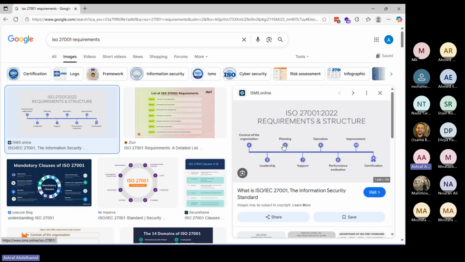And then the planning. We have a plan for improving the information security management system in the organization, and this is based on the risk assessment, or risk management. At this point, requirement number 6 for the planning, we also look at the list of controls in Annex A of the standard.